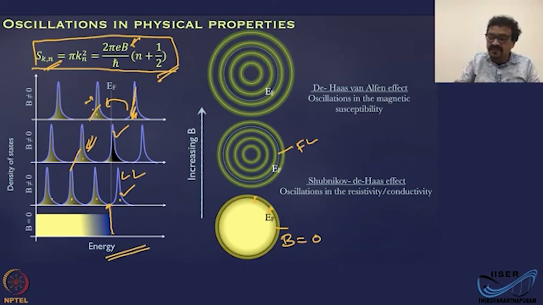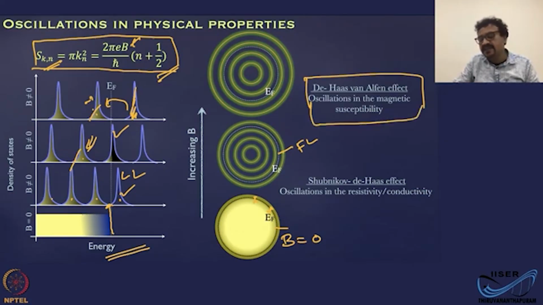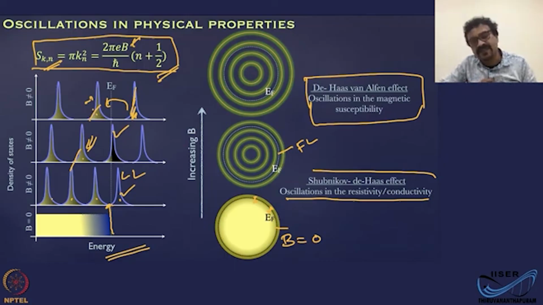And the oscillations in magnetic field are referred to as the de Haas-van Alphen effect. That is widely used for mapping the Fermi level. Okay, that is something which we are not going to discuss. But the oscillation in the resistance or resistivity is called the Shubnikov-de Haas effect, that we will discuss now.